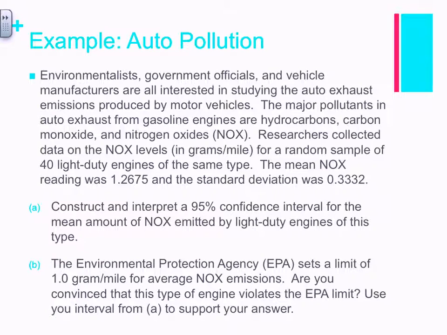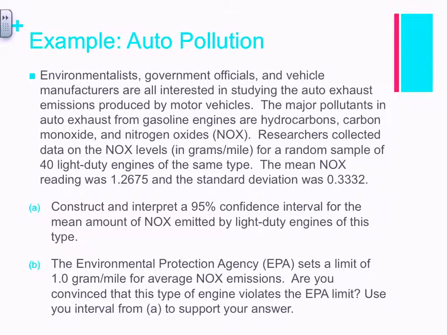Okay, so here's our first example, and our only example. We'll do plenty more in class. Environmentalists, government officials, and vehicle manufacturers are all interested in studying the auto exhaust emissions produced by motor vehicles. The major pollutants in auto exhaust from gasoline engines are hydrocarbons, carbon monoxide, and nitrogen oxides.